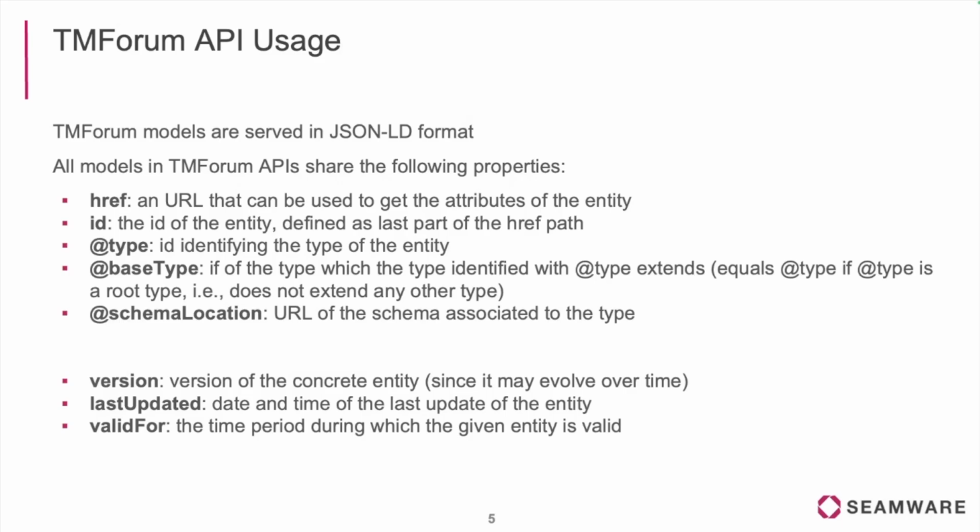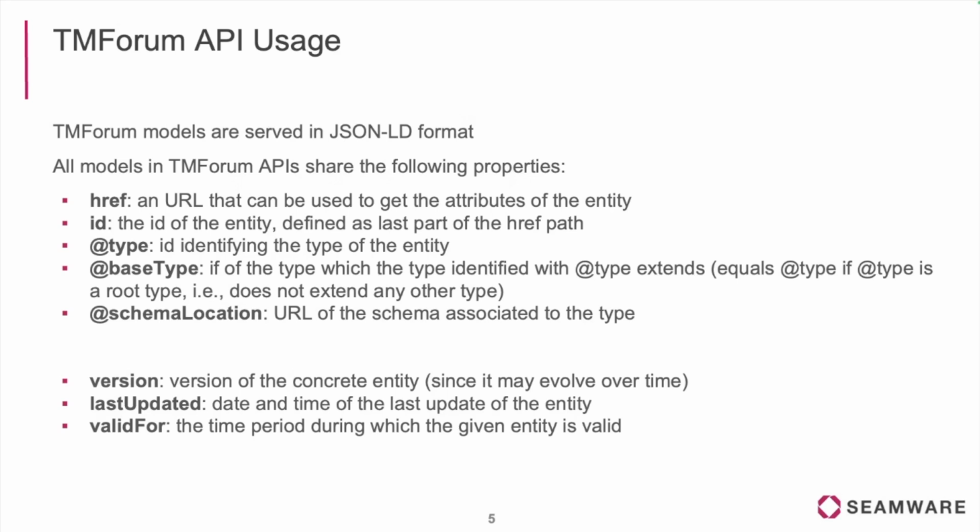If you have an entity which is representing, I don't know, a service, and you need something more particular than a general service, for example a software service, it is actually possible to set the baseType as the parent type, the type as the new child class you are creating, and then provide in the schemaLocation the URL, which needs to be a working URL, of a JSON schema associated to the new type you are creating. This way you are able to extend and add new attributes to the different TM Forum entities in order to create whatever child classes you need.